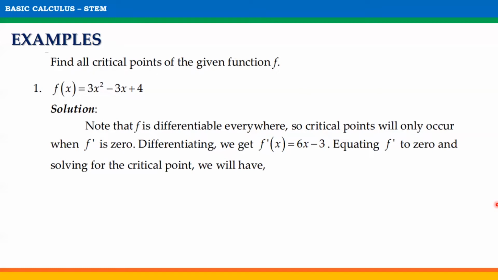Equating f prime to 0 and solving for the critical point: 0 is equal to 6x minus 3, 3 is equal to 6x, and dividing both sides by 6, we get x equals 1/2, which is the critical number of the given function.